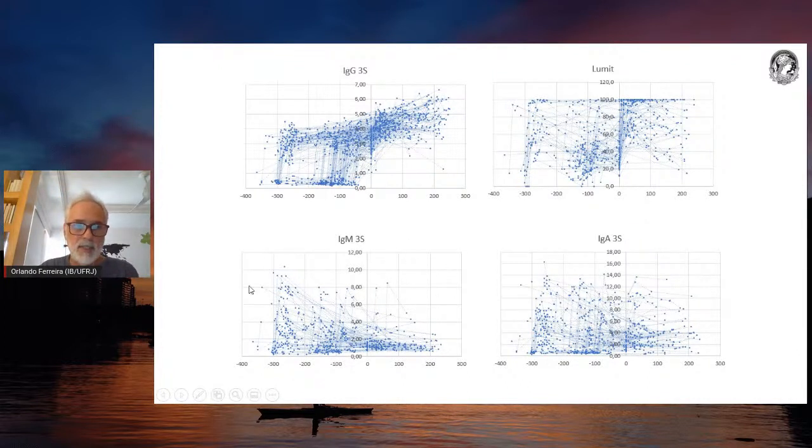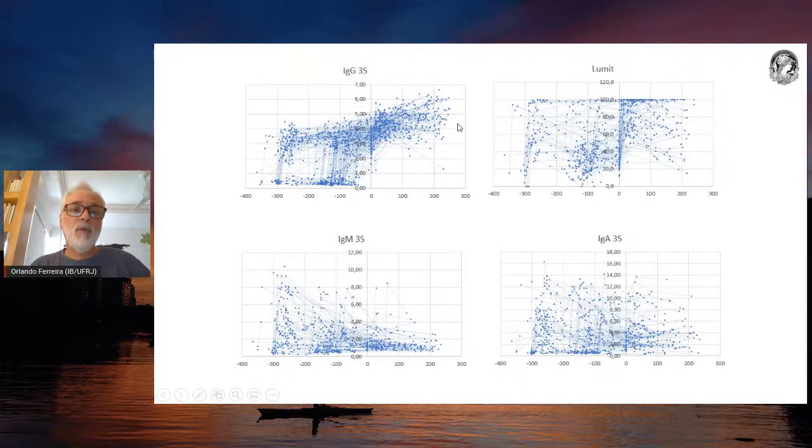This is just the IgM assay, to show that the IgM levels increase after infection, then decay, and very few individuals present with a high level of IgM after being vaccinated. IgA has a similar profile to IgG, but some individuals developed high levels of IgA and some others didn't.